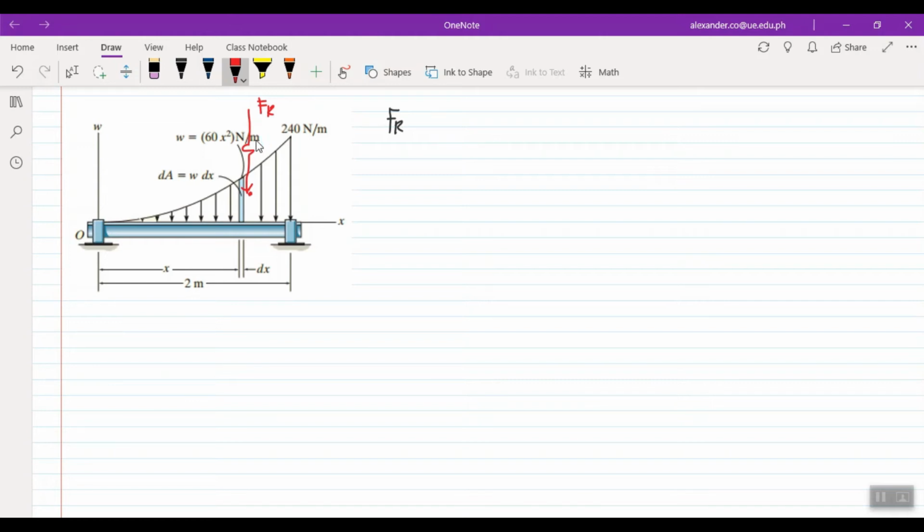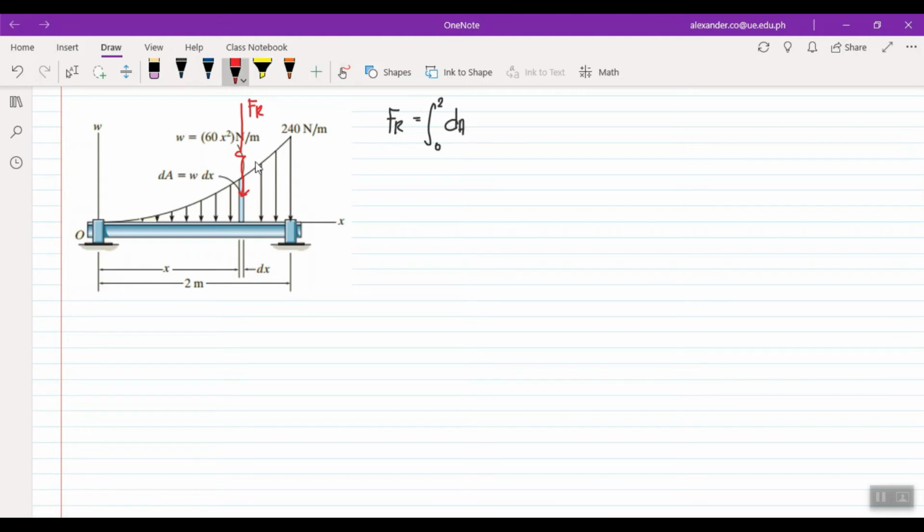So, yan na. Okay? Ika, reason natin. So, ito yung resultant force. F sub R. At ang sabi nga natin, sabi ko kanina, it is from 0 to 2. Okay? And just get the derivative ng area.